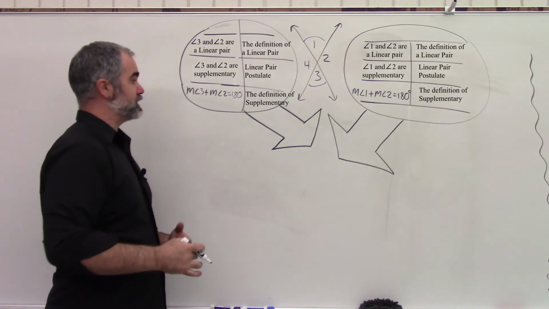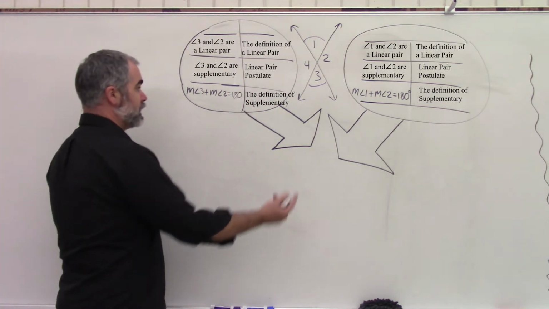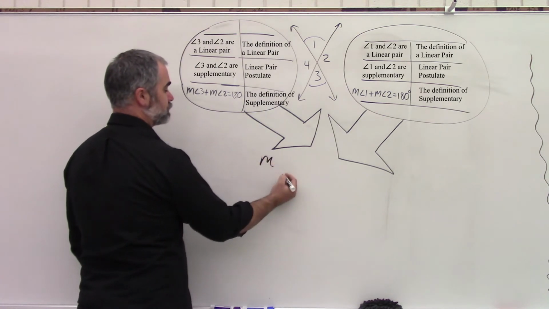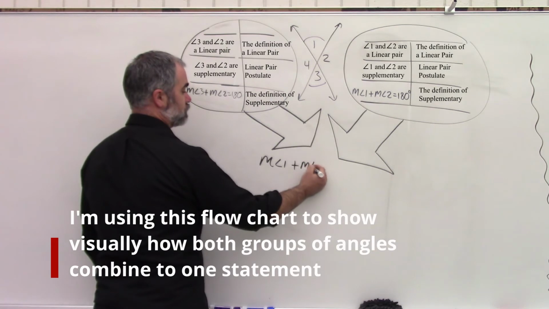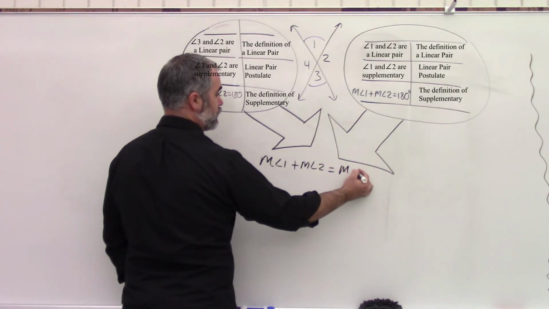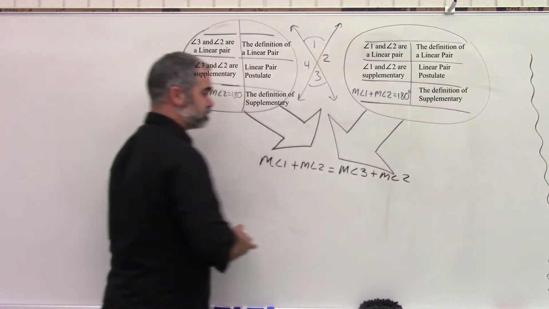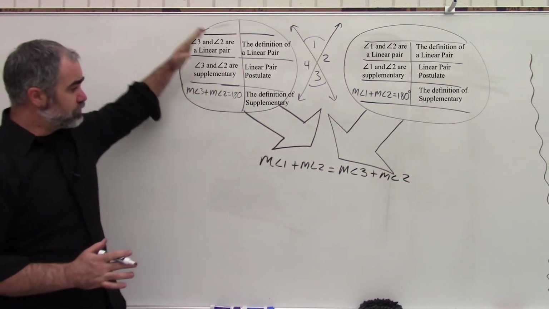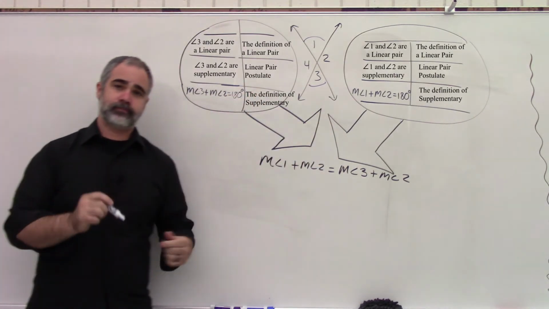They can both be pointing to this one. If both of these are equal to 180, then they're equal to each other. The measure of angle 1 plus the measure of angle 2 is equal to the measure of angle 3 plus the measure of angle 2. Okay, both of these have led to this since they're both equal to 180 degrees.